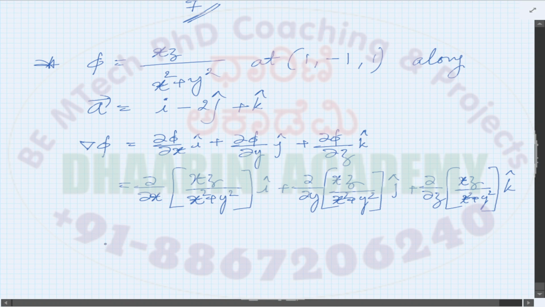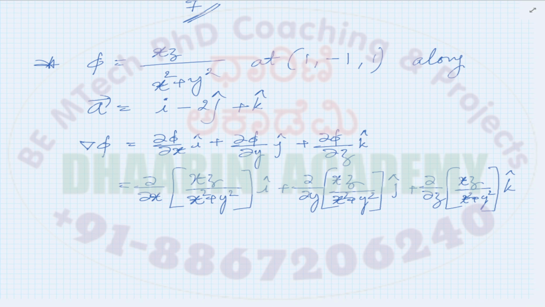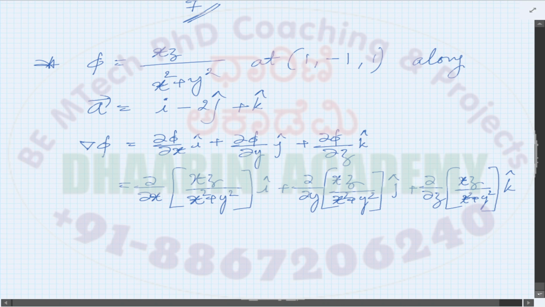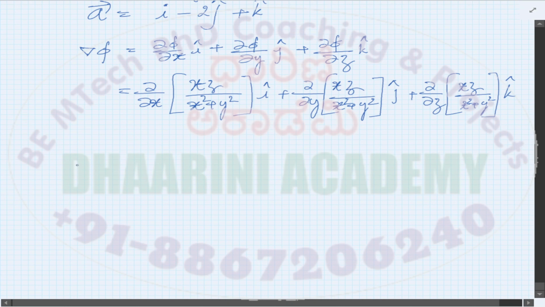Okay, so let us differentiate. Now you see that this is a quotient, so we always have to apply the quotient rule to simplify. On the left hand side I have del phi. This is equal to, the differentiation happens with respect to x, so z is a constant. I'll take the z outside. Quotient rule is nothing but denominator coming first: denominator is x square plus y square into differentiation of numerator.